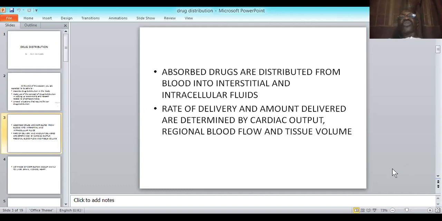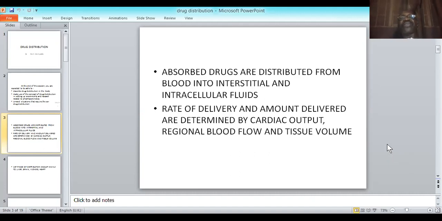Absorbed drugs, when, for example, the drug is given orally and the drugs are absorbed through the GIT, that is the gastrointestinal system, they get into the blood, and then from the blood, they are carried into different organs of the body.